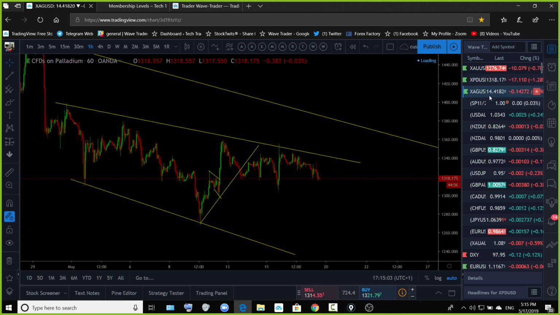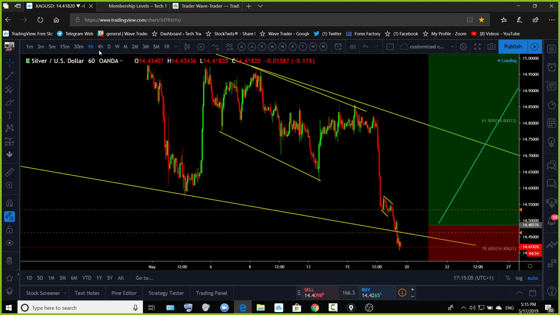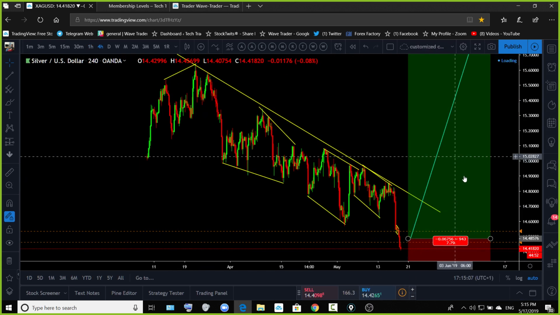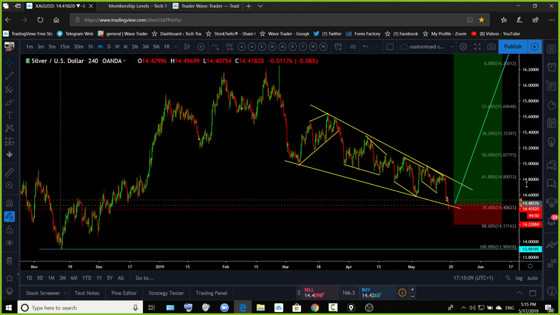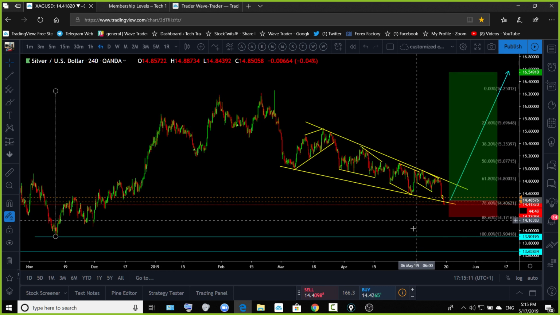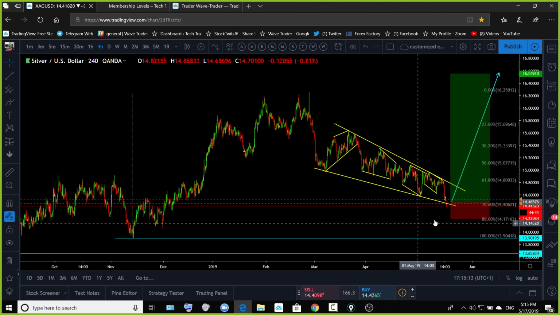And there you got the silver. Silver went lower and is going lower more, slowly pushing lower.